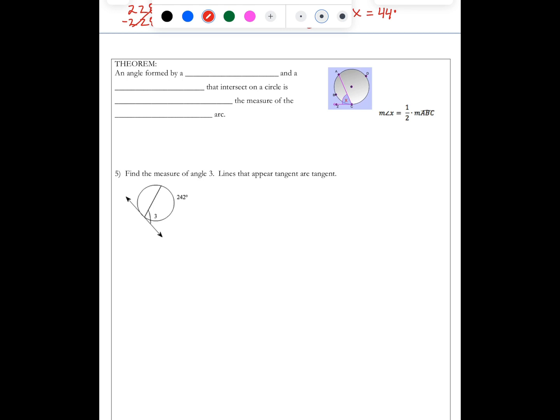Okay, next page. Another theorem states that an angle formed by a chord and a tangent that intersect on a circle is half the measure of the intercepted arc. So this is similar to the other one, but instead of two chords, it is a chord and a tangent.